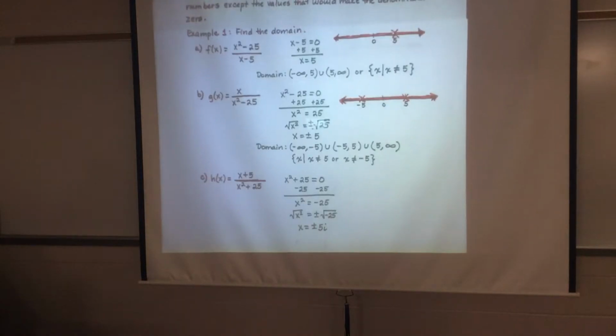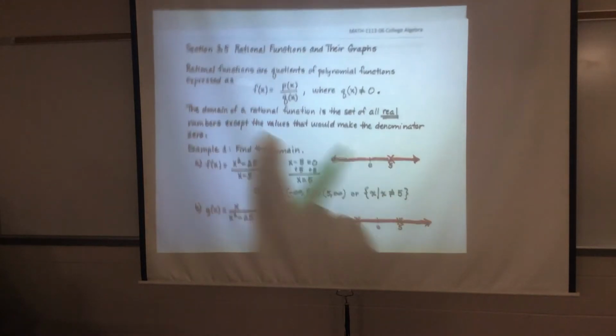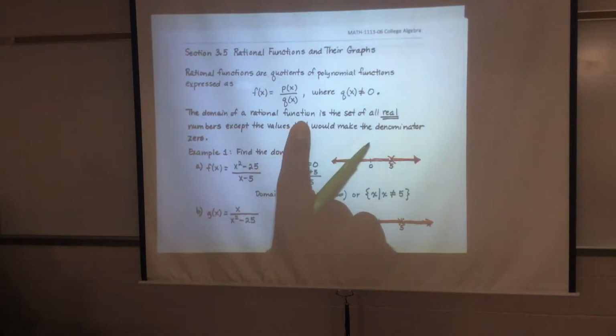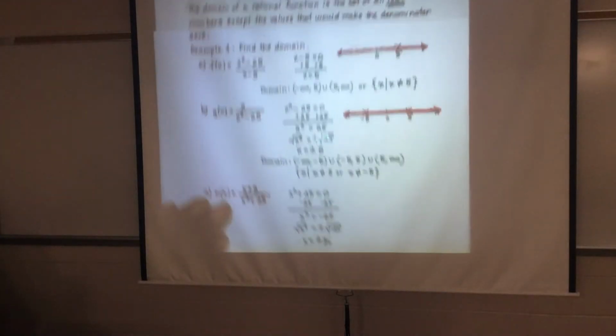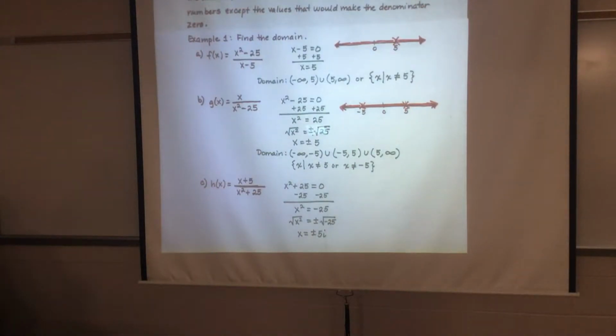Unfortunately, those are a pair of imaginary numbers. We're dealing with real numbers for the domain. As you remember, I did say that the domain of a rational function is a set of all real numbers. These are a pair of imaginary numbers.